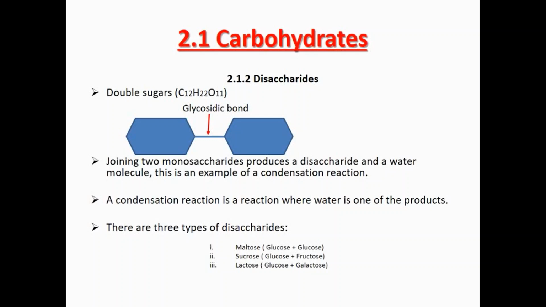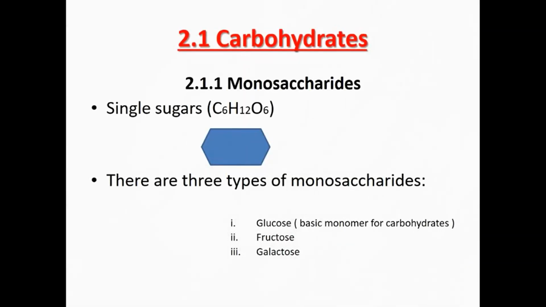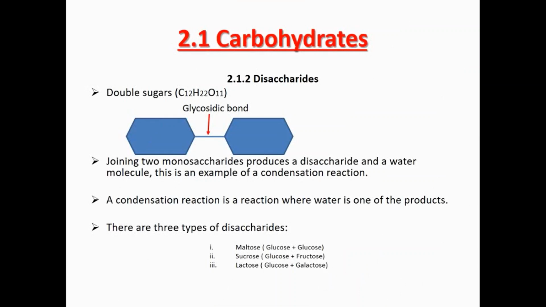There are 3 types of disaccharides: maltose, sucrose, and lactose. Now, I said that glucose is the most basic monomer for carbohydrates, and we said monomers were building blocks. Now look at that. Maltose is glucose and glucose. So joining 2 glucose produces maltose.